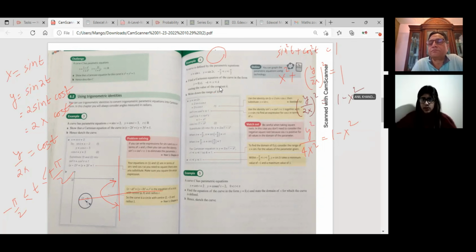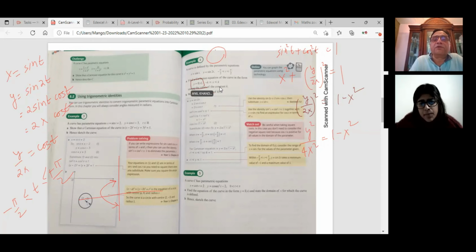How come we're doing this, sir? Because to find k. The first part is y as a function of x, right? In this form, we have to find the domain of x, just as we are given the domain of t. So we'll have to work on the domain of x also, correct?